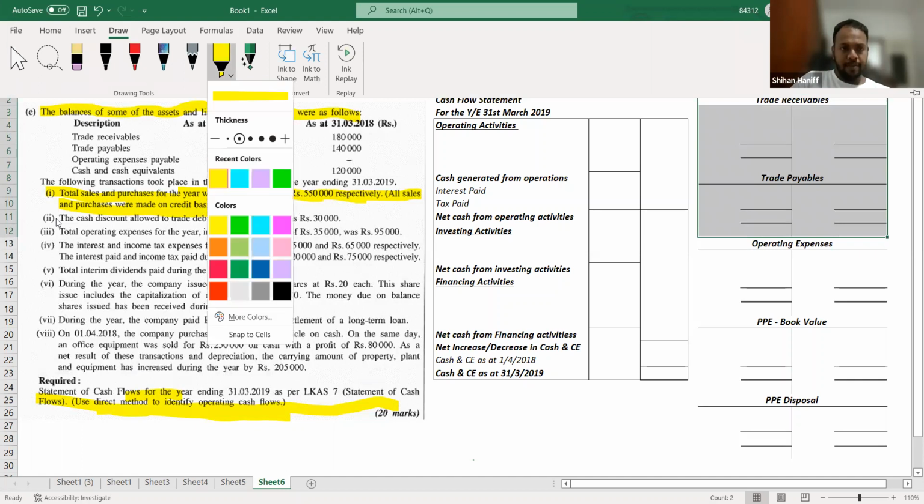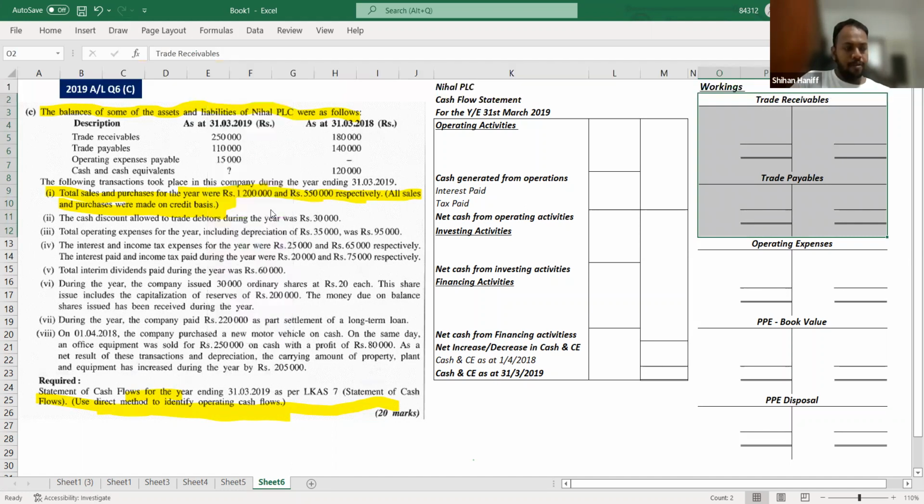What else do we have related to sales and purchases? There is cash discount allowed to trade debtors, so that will come to the debtors account. Other than that, there is nothing. So prepare the trade receivables and trade payables account.